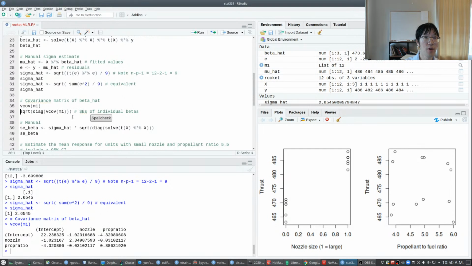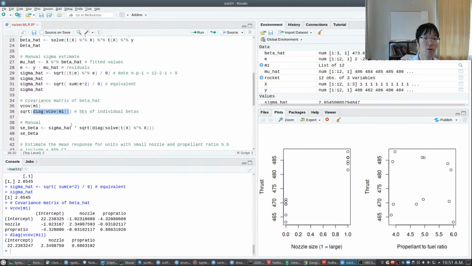If we are mainly interested in confidence intervals for individual parameters, we only need the diagonal elements. You can extract them by using the diag command. vcov of M1 gives us this matrix, and if you put it inside the diag command, that extracts the diagonal.